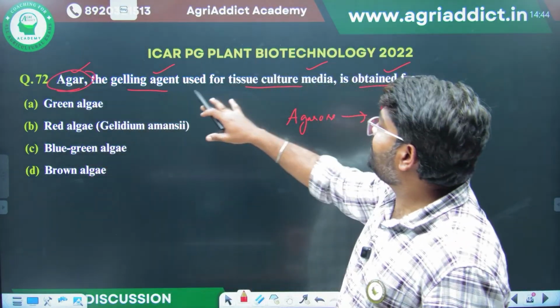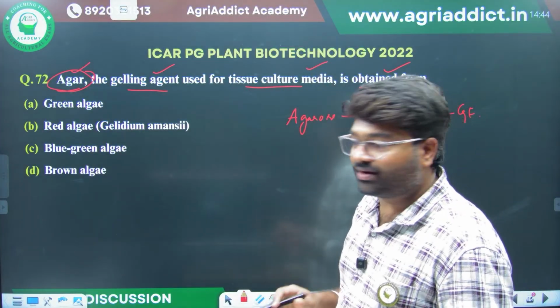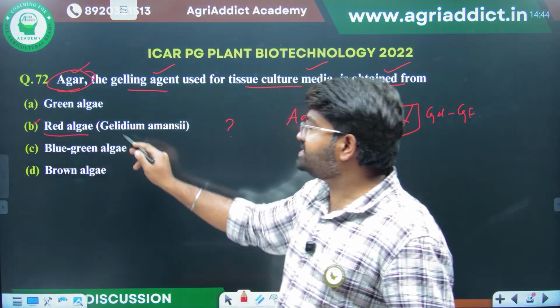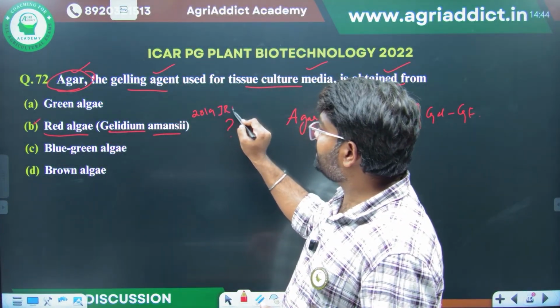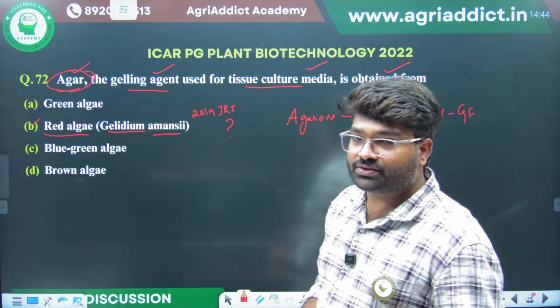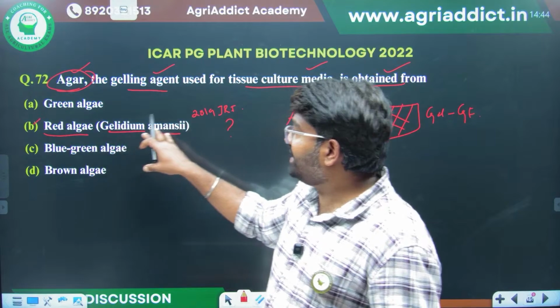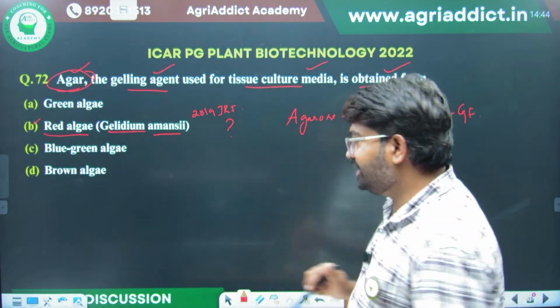That is obtained from where? It is obtained from red algae, Gelidium amansii. This is a 2019 JRF question also. This agar was isolated from the red algae Gelidium amansii.